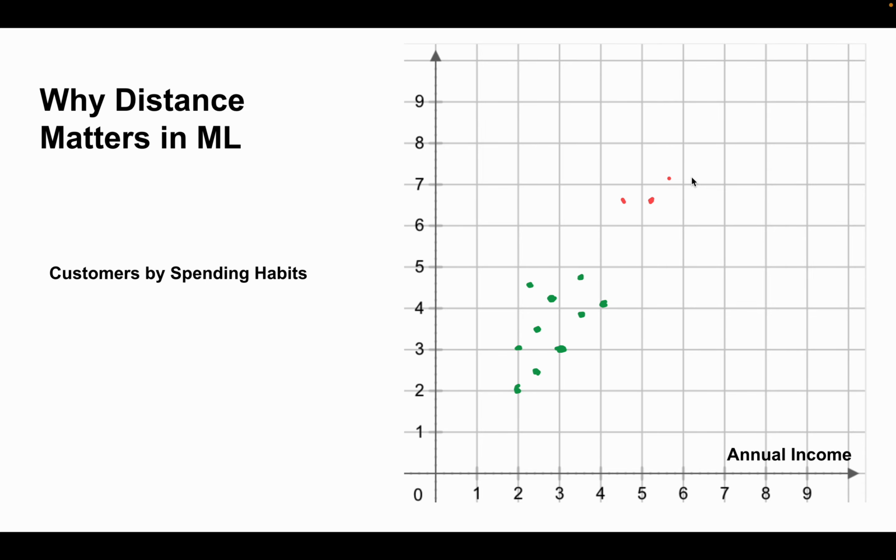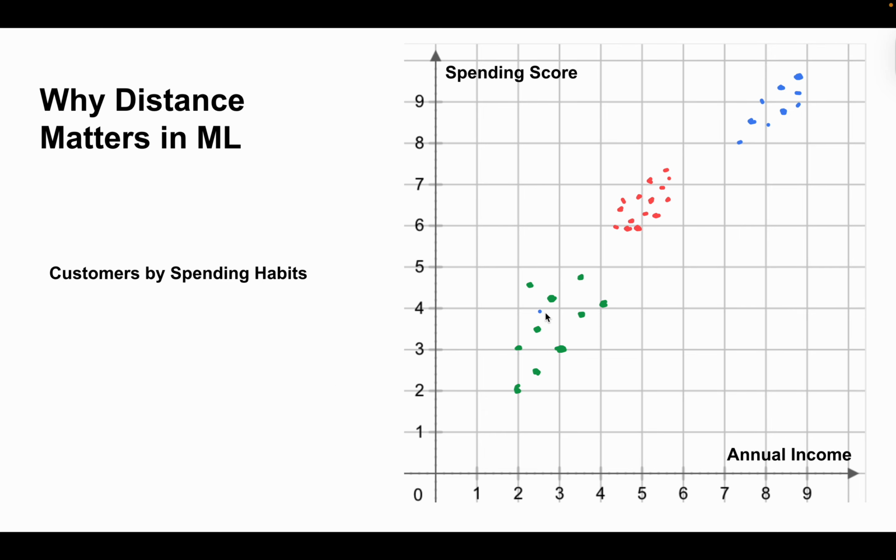If I have annual income on the x-axis and spending score on the y-axis, we can see that the more annual income people have, the more they tend to spend, or they have a higher spending score. And there is a third group of people who have the highest annual income and a very high spending score.